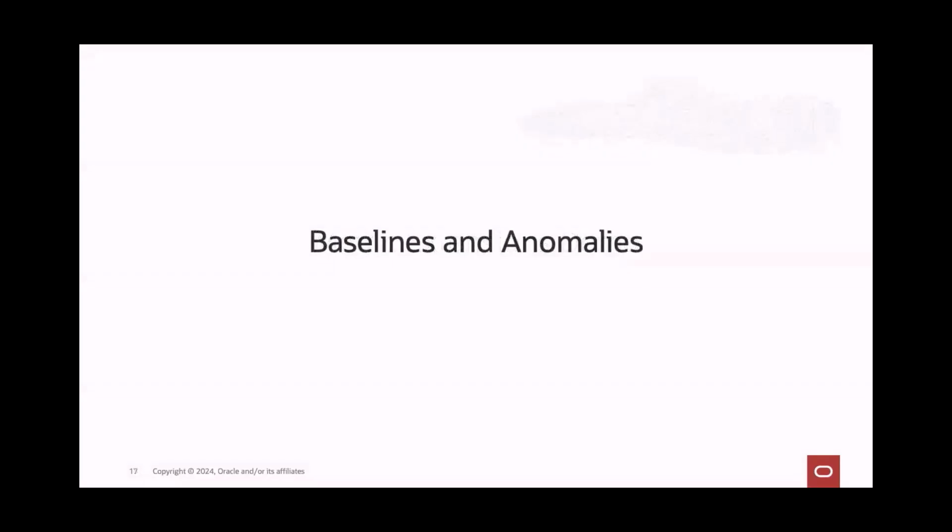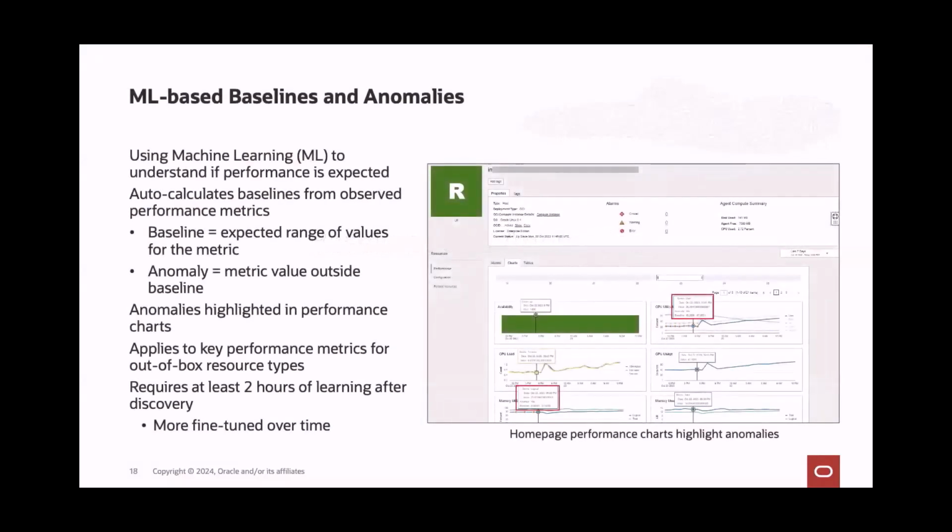All right, the second feature, baselines and anomalies. So where this really comes in is, I mean, this applies to any resource type that's out of the box, but being able to do this against those unique business requirements is where things really get helpful, right? So for key performance metrics, Stack Monitoring will automatically calculate its baseline behavior using machine learning algorithms.